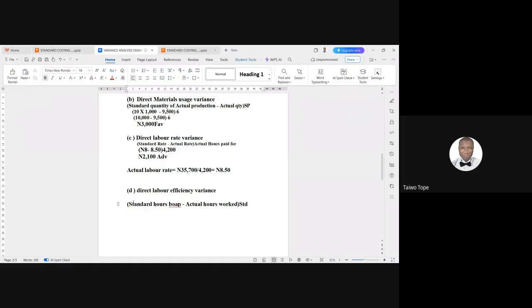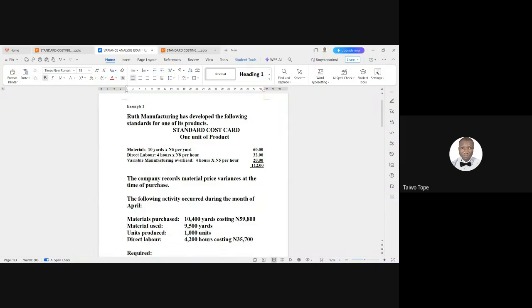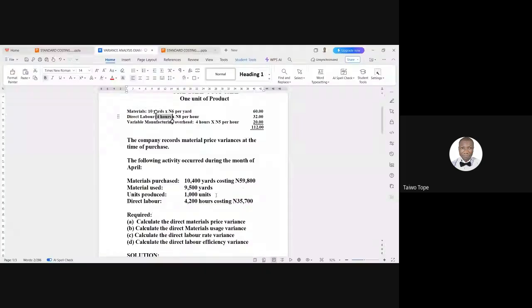So based on these now, the standard hours based on actual production will be what? Let's go back to the question. The standard hour is what? 4 hours. Based on the actual units produced, it will now be what?